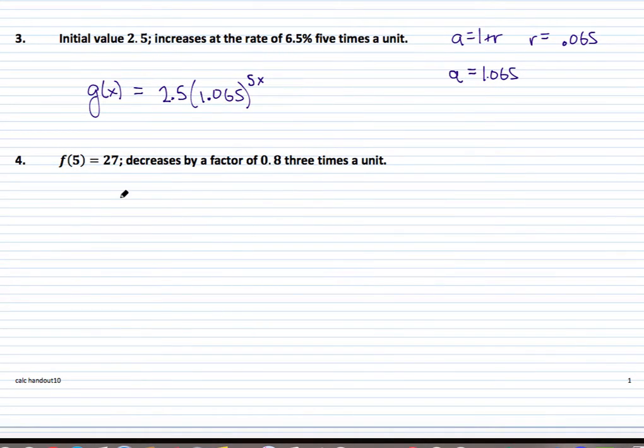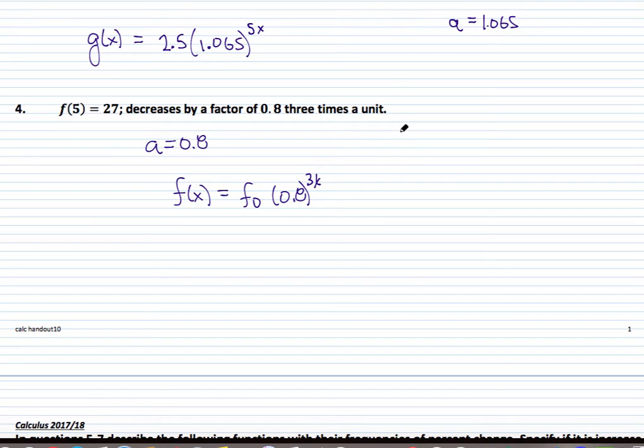For number 4, f of 5 is 27, and it decreases by a factor of 0.8, 3 times per unit. So a is 0.8. And so what does this function look like? It'll be f of x equals some f naught times 0.8, and then it's 3 times per unit, so raised to the 3x.